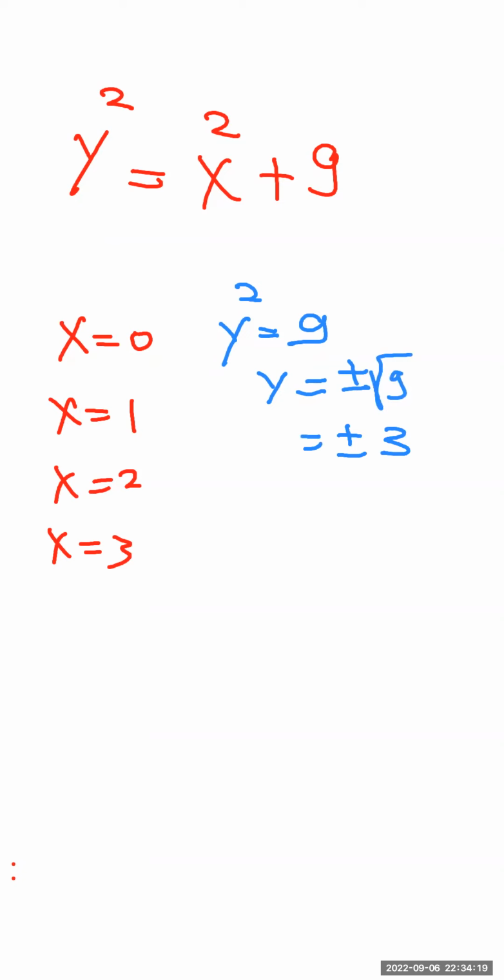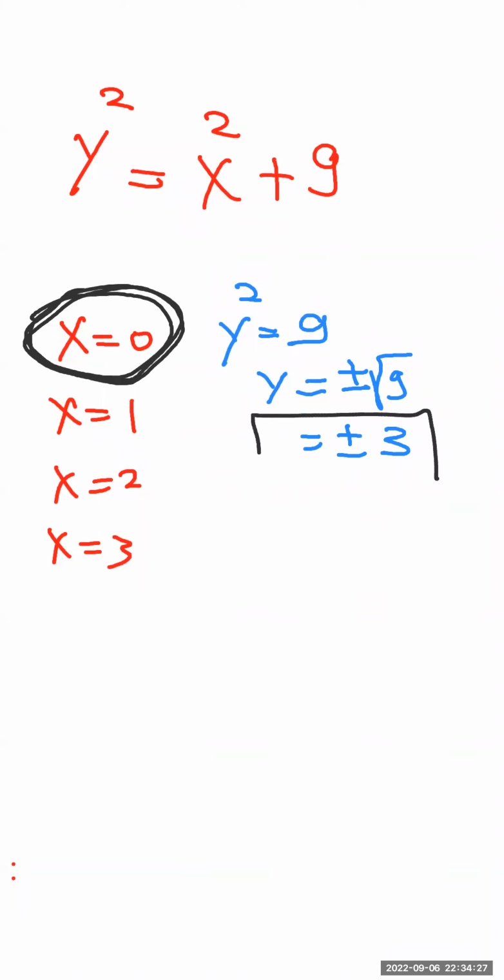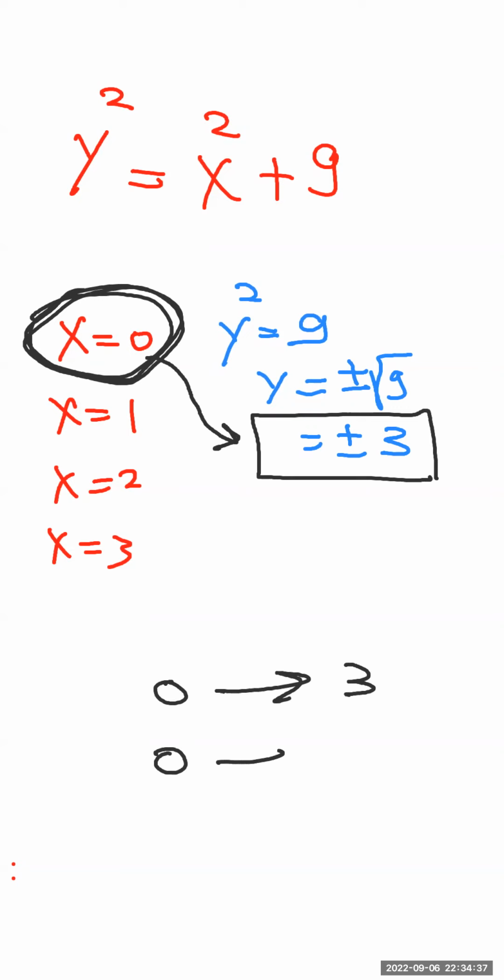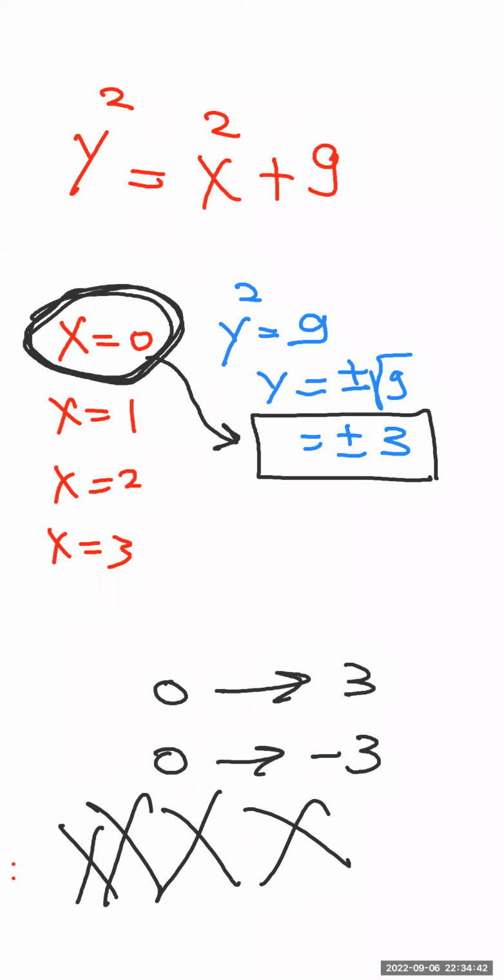We said that each value of x has a unique value. So do I say 3 or negative 3? There are two values here for the same value of x. So x here, 0 maps 3 and also maps negative 3. So it's not a function, of course. We said that it has to be only one value. So in this case, we can judge that in this question, of course, it's not a function.